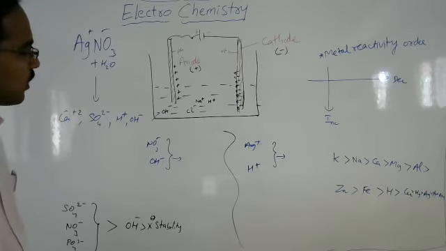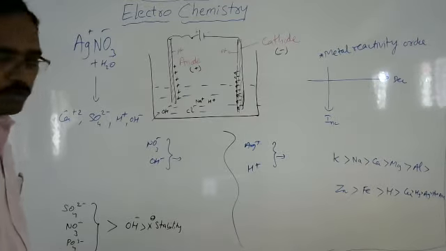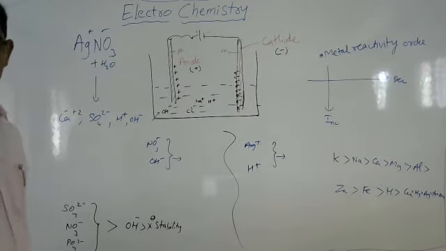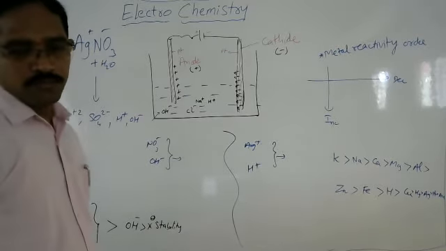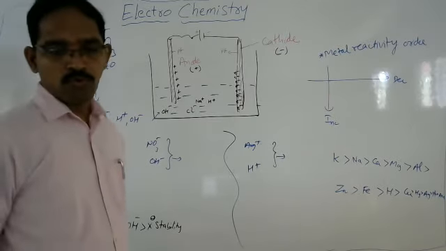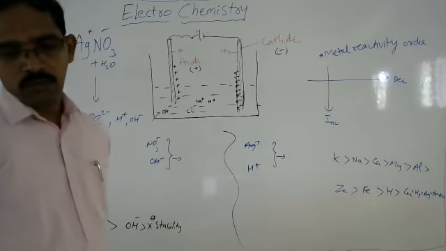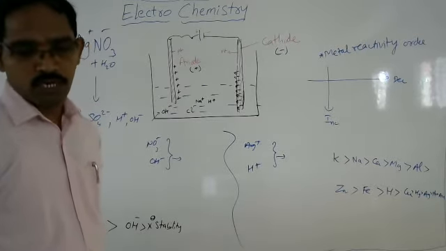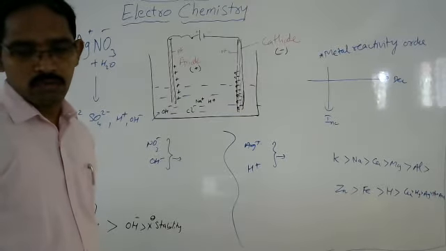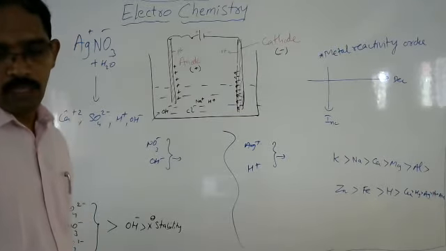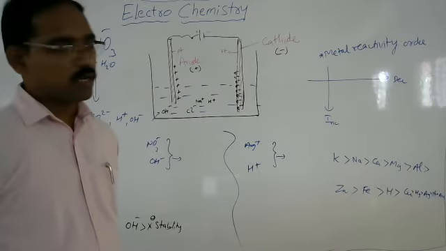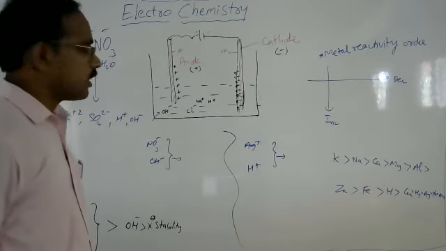Okay. At anode, only Purva, Prathamesh and Pooja, 3 students replied. What about the remaining out of 22? Silver at cathode, okay. What about at anode?